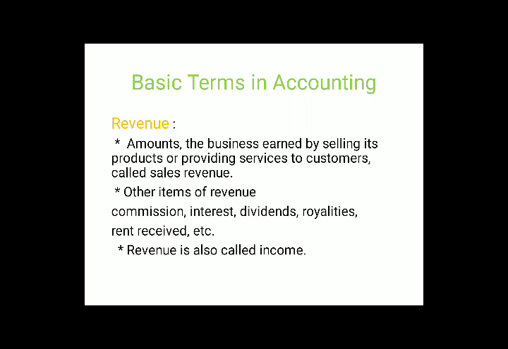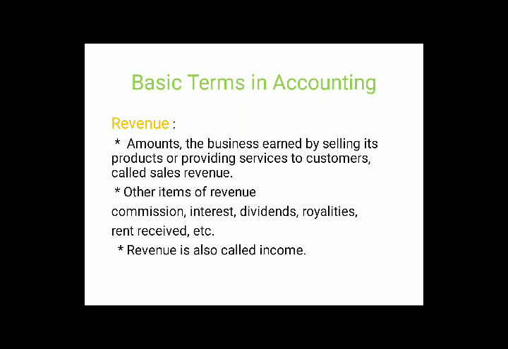Okay, so revenue is just like that, except revenue will include all kinds of income that a business earns, whether it is selling a product or providing a service, or if the company gives a loan to someone and that someone pays interest for that loan, or if the company has rented some of its machineries or ideas to someone, and that someone pays some consideration each month or each year, that's called royalty.